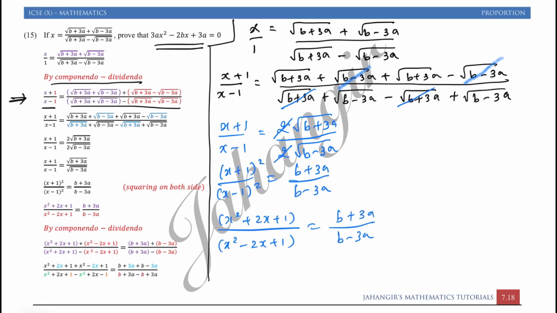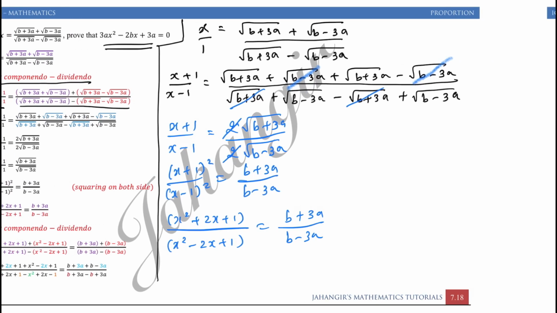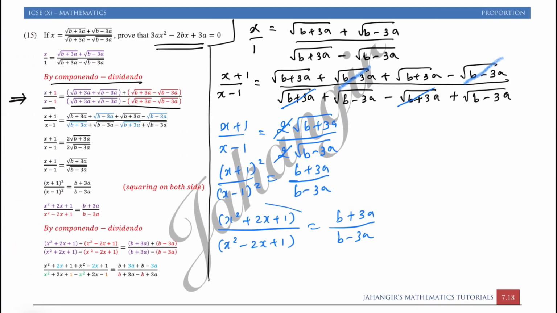Now what we will do, we will use componendo dividendo again. When we are using componendo dividendo for this term, for numerator and denominator, we have to add or subtract.